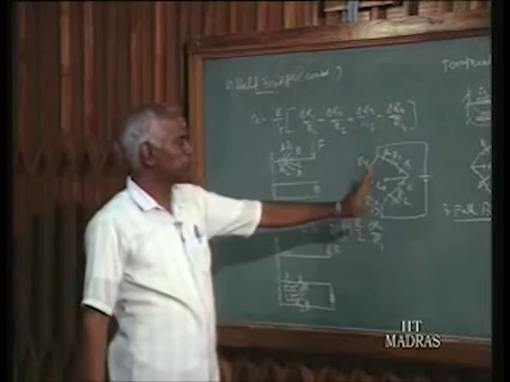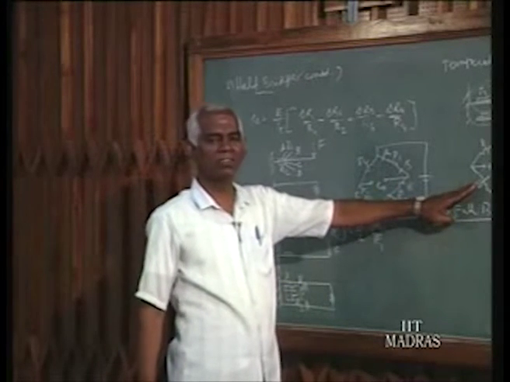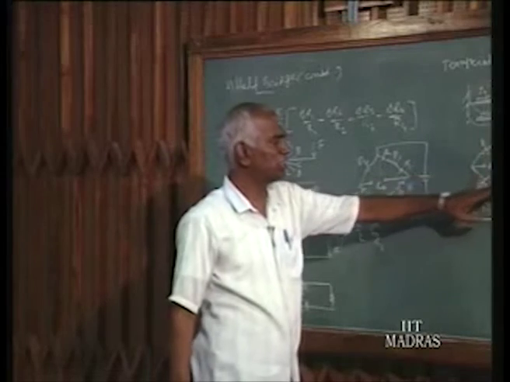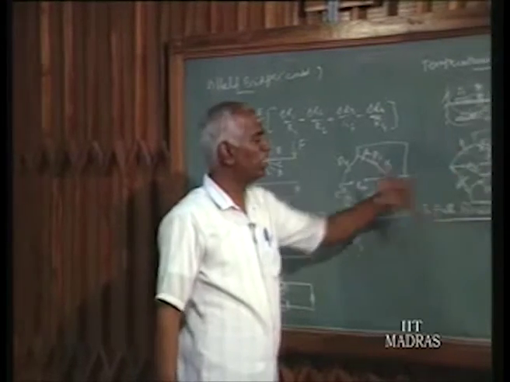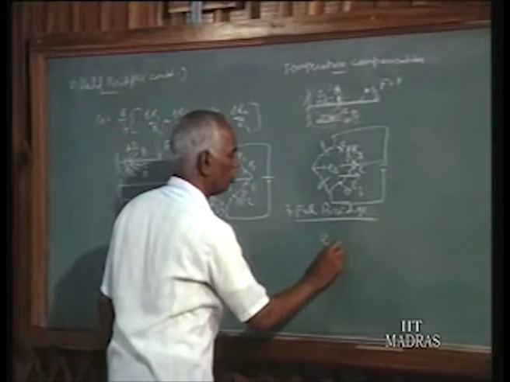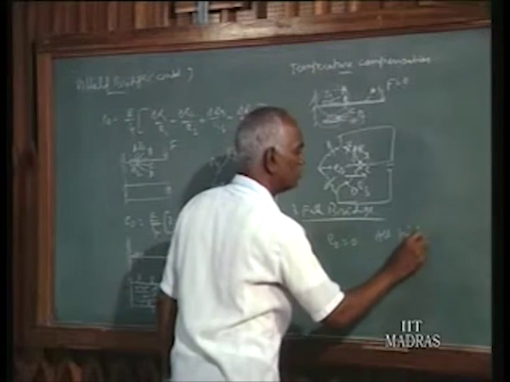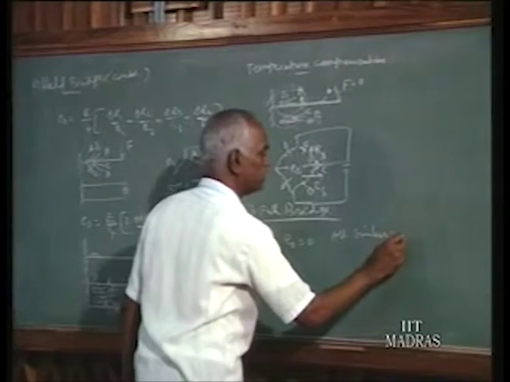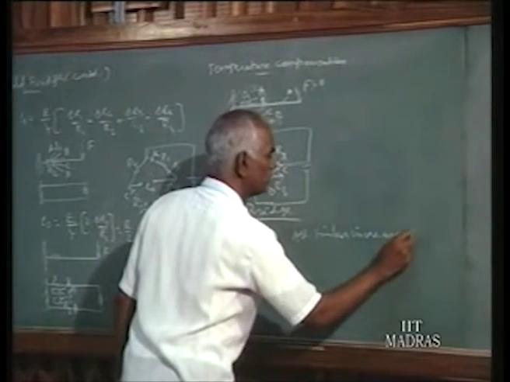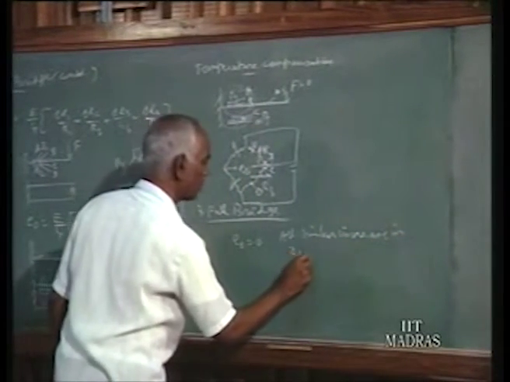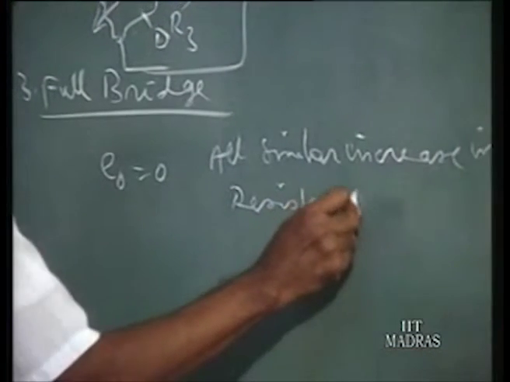So that means similar changes in the resistances, if we connect it in a bridge, will give rise to EO equal to 0. All similar increase in resistance. That means we cannot connect like that.